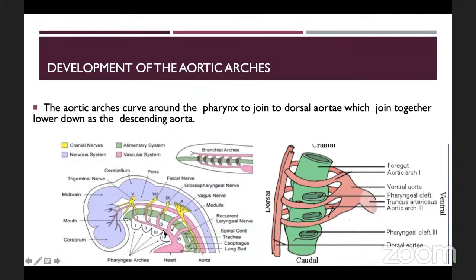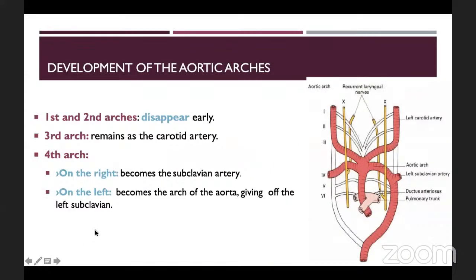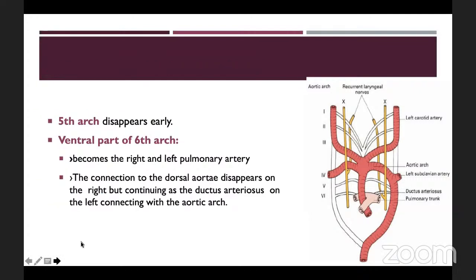Here. This is the descending aorta. The first and second arches disappear early. The third arch remains as the carotid artery. Of the fourth arch, the one on the right becomes the subclavian artery, and on the left becomes part of the arch of the aorta, giving off the left subclavian artery.